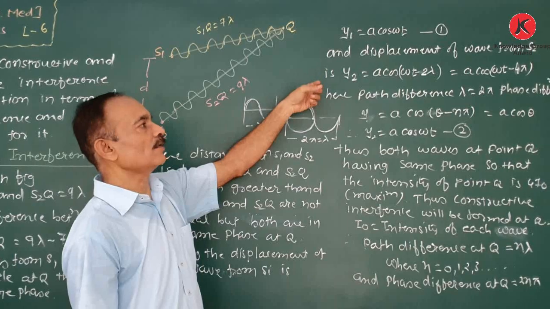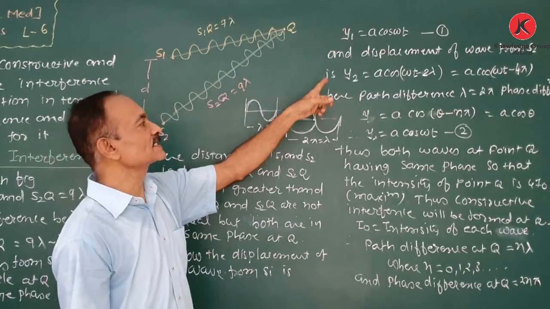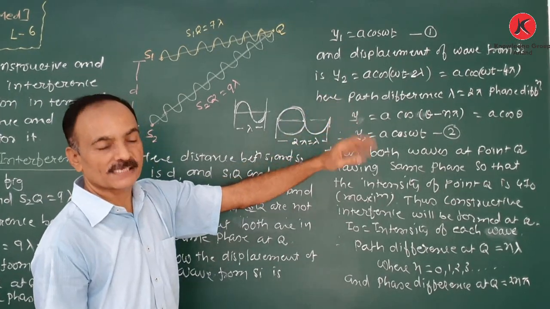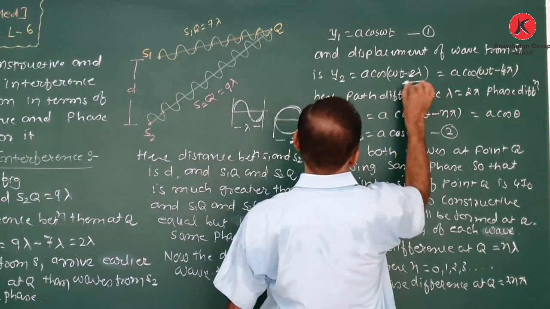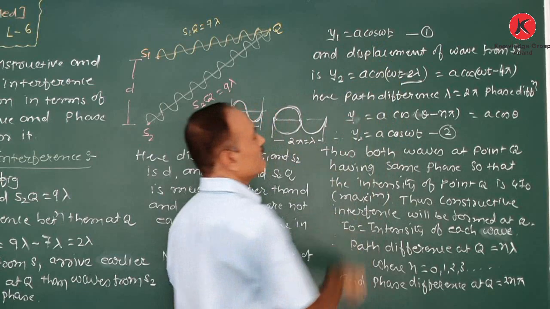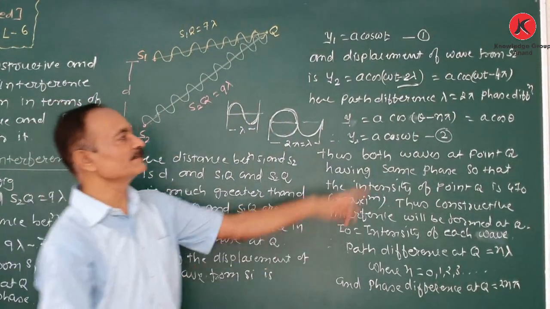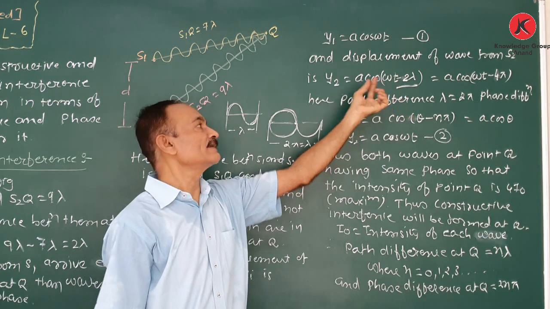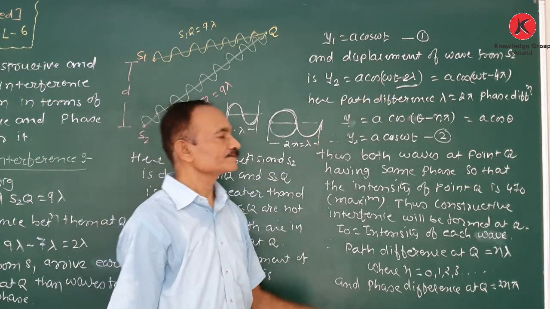And the displacement of the wave from S2 is given by y2 is equal to A cos (omega t minus 2 lambda), because between these two waves y1 and y2, the path difference is 2 lambda. Therefore, I write down the 2 lambda as minus in y2.